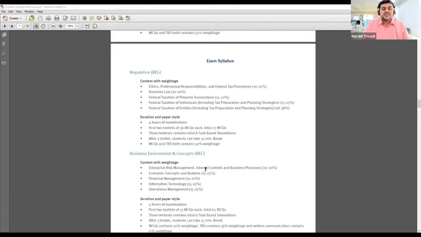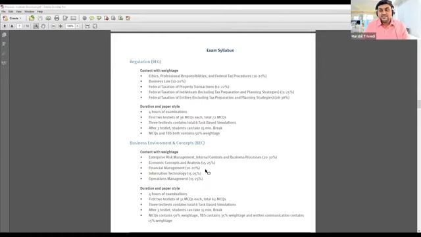After this, the last subject that we are going to cover will be Business Environment and Concepts, which is considered as BEC. BEC covers a small part of everything. In this, we understand economics as well. We learn financial management, costing, information technology, and ERP management as well.